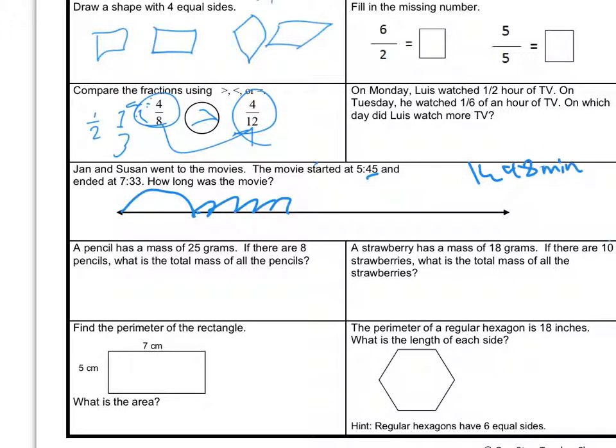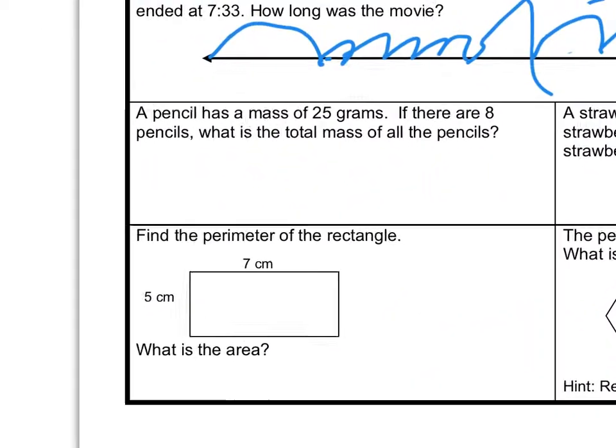And now we need to add an hour. So that would be a mountain, and then we needed to add 33 minutes. So overall, that would be there you go. So that's the time on the graph, and that was figuring out how long the time was. So now we're going to do these last two questions.